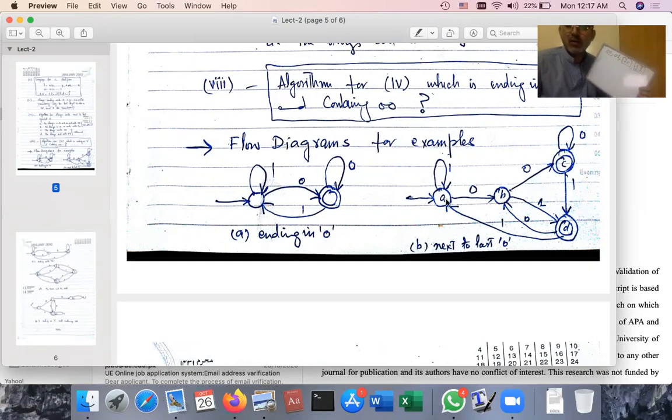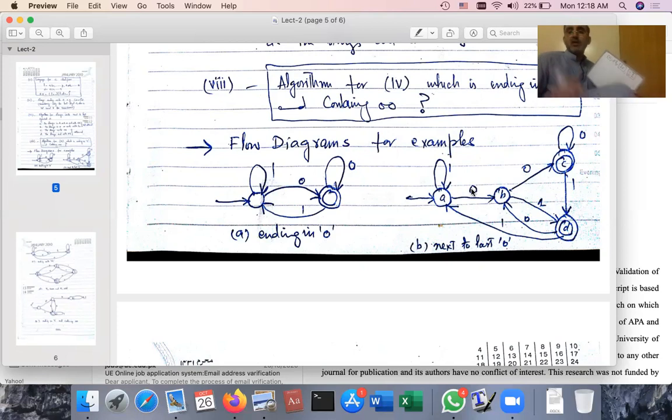So one edge is complete, the other one may be a loop. You can put a loop here and represent it with 1, or it can go towards some other state. This is also possible. This is not always a rule that you can put a loop here, but probably there is a loop here.